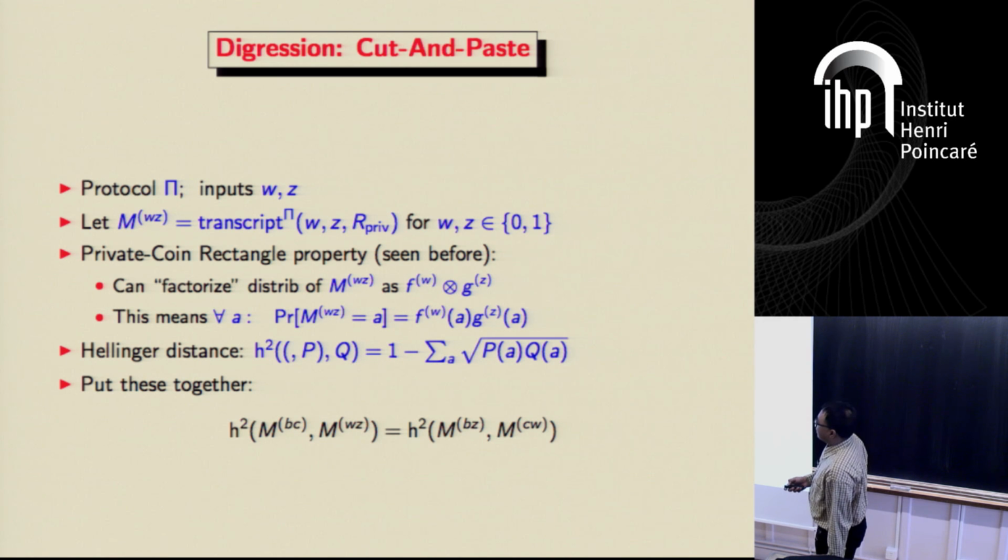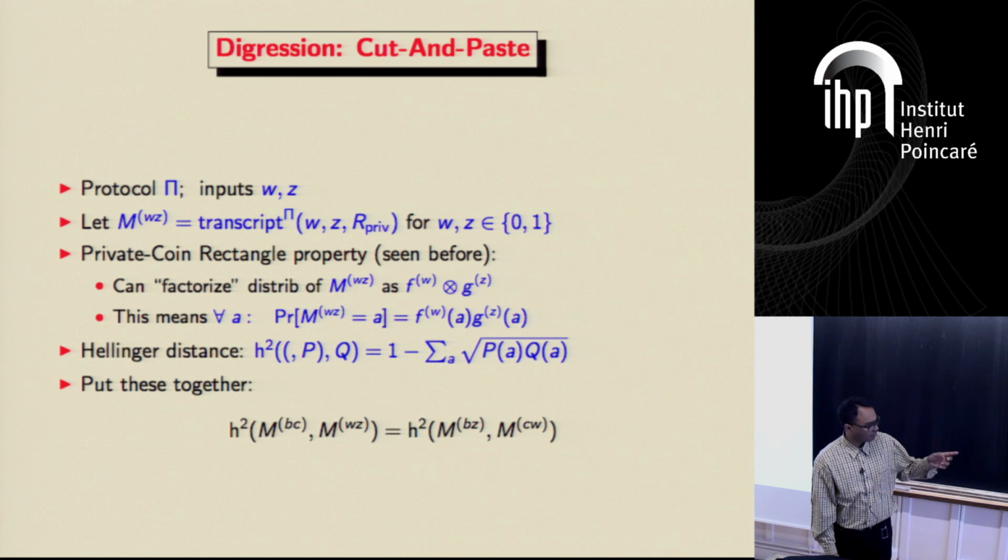So we've seen before this private coin rectangle property, when we talked about the difference between private coin randomized and deterministic protocols. The distribution of messages sent on a specific pair of inputs W and Z, that's the same as the distribution of leaves in the tree version of communication complexity.